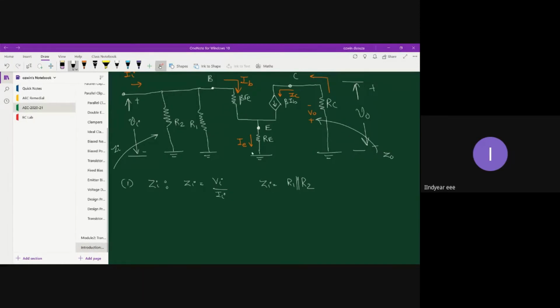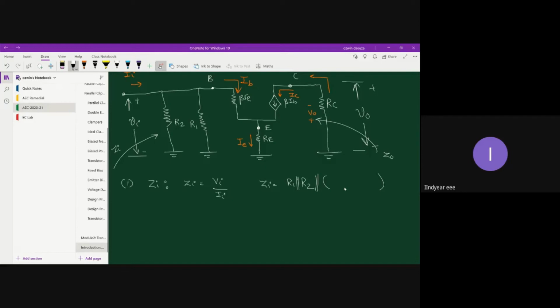So between base and ground, you have R1, you have R2, and you also have beta Re and RE. So how will I put this particular resistance in the blank space? How am I going to write it? Are you getting the question? What is the third resistance?